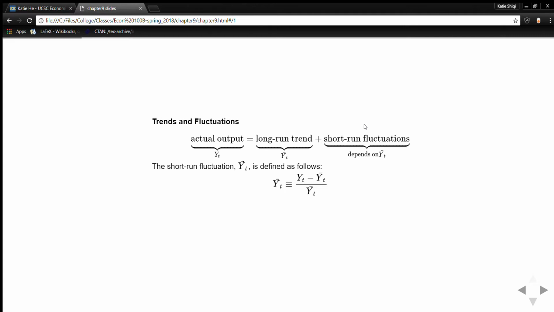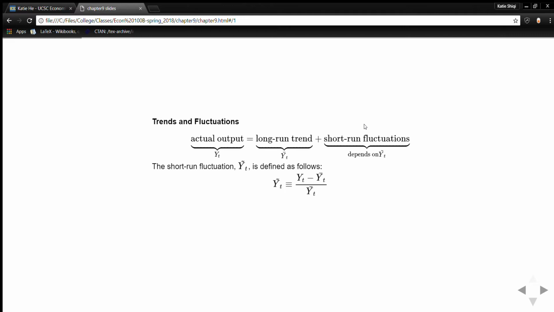So the reason why we want to use the difference divided by y bar is actually very similar to the notion of standard deviation. So yt and y bar, it's going to be different every year. So if we just compare this difference, yt minus y bar, from year to year, it's not a very good comparison.